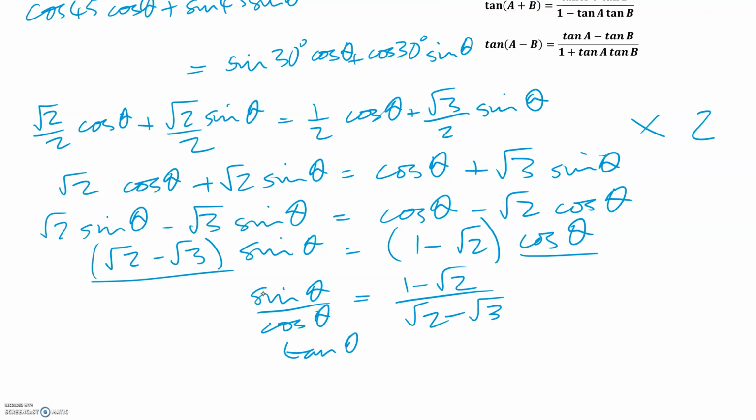So that means that tan theta equals this, and this is very easy to solve now. You can just type inverse tan of all of this into your calculator, and then because it's tan, you can just keep adding on and subtracting 180s until you get all the solutions you need.